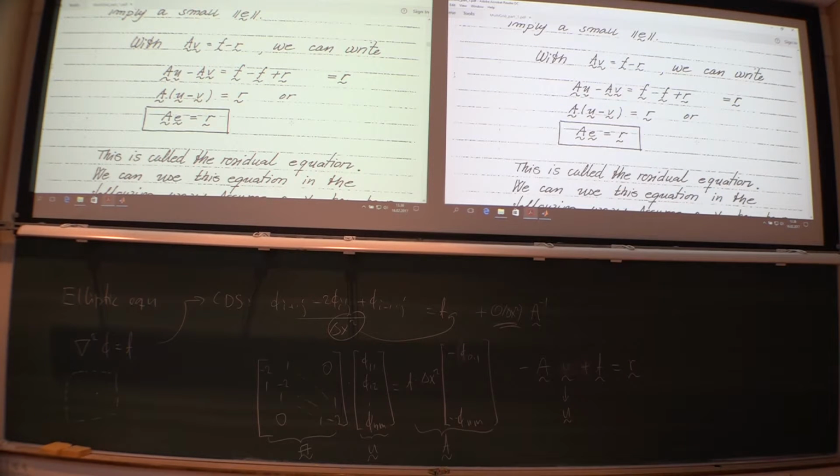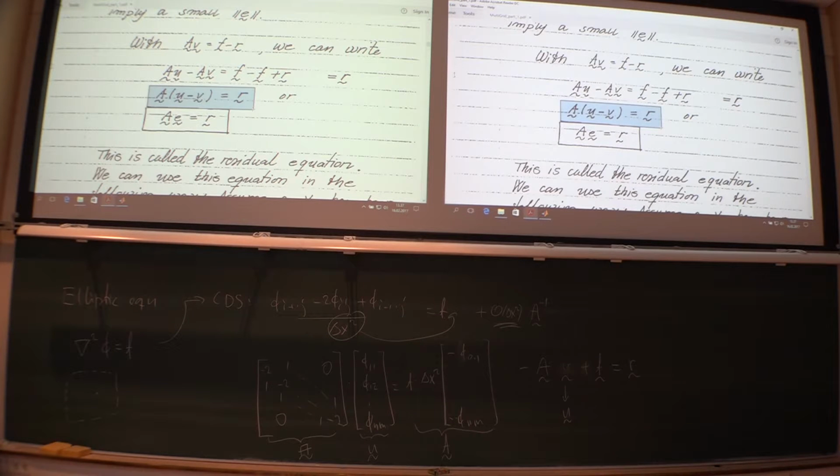Okay, the residual equation, how to achieve it? Well, you can rearrange your initial equation a little bit using now the residual, and the step from this line here to this one requires some attention. How can you do that?